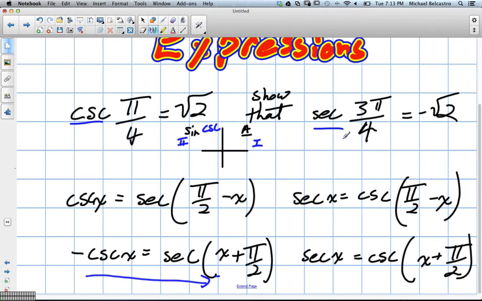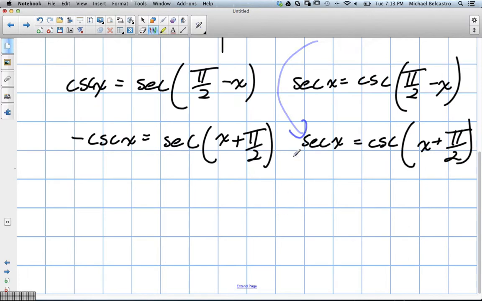We can sub secant 3 pi over 4 into this formula to work it out algebraically. So this formula here is one we're going to use.